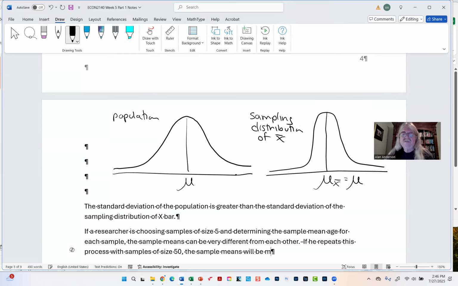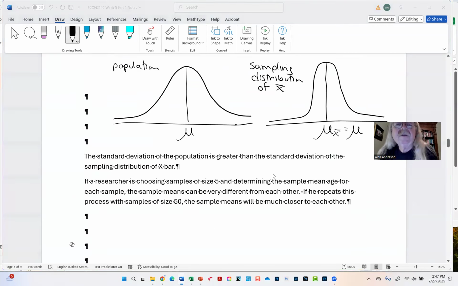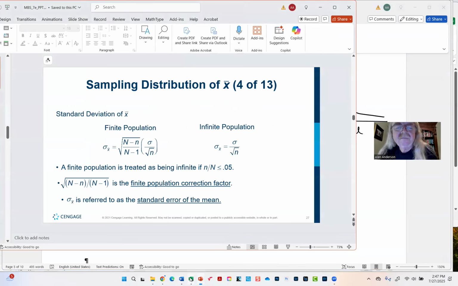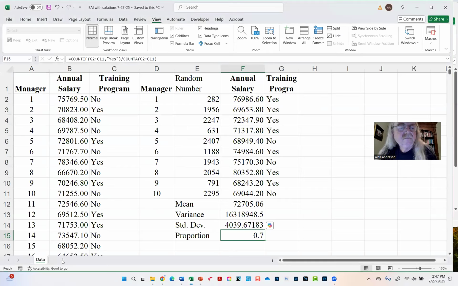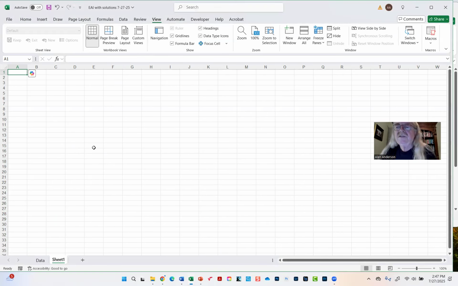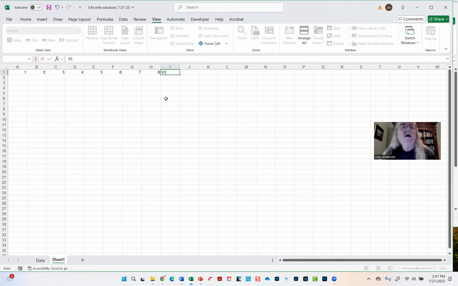Let me show you an example of this with Excel. So what I'm going to do is this. Let's go back to Excel. And I'm going to create, let's say, 10 samples, but each sample only has 5 elements.